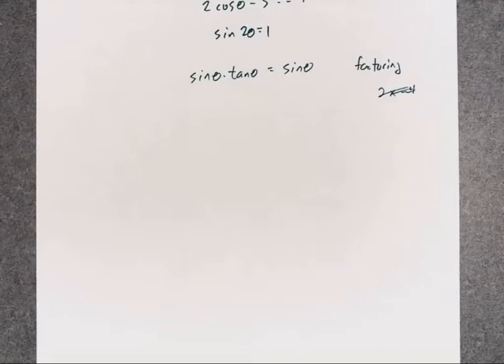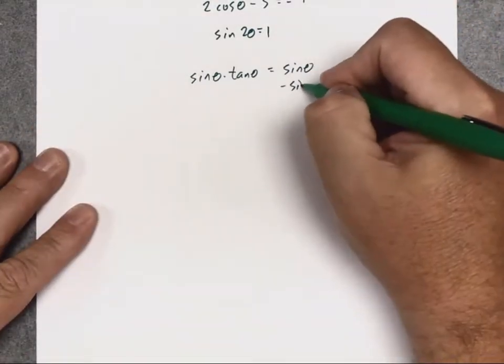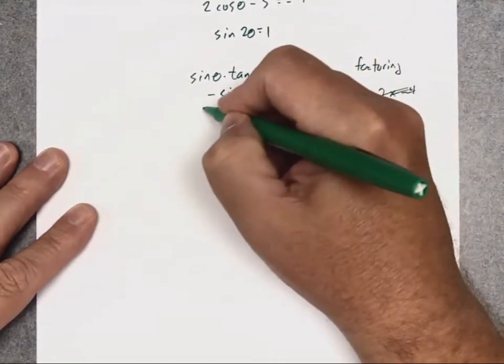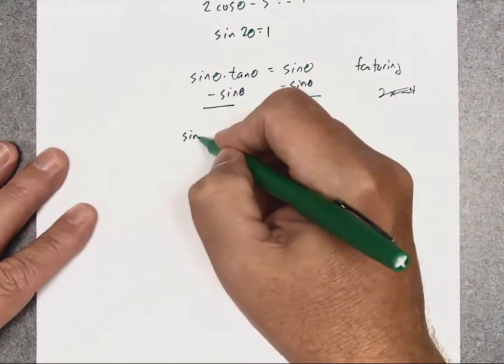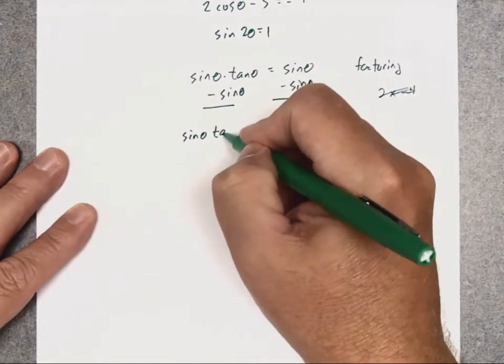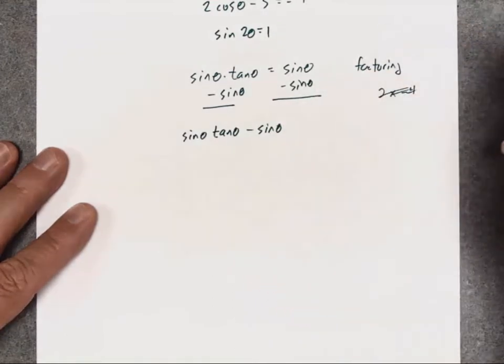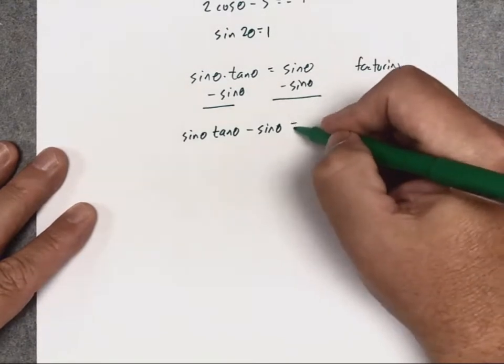The way to solve equations by factoring is you get one side equal to 0 and everything else on the other side. So here, I'm going to subtract sine theta from both sides. On the left-hand side, I have sine theta tan theta minus sine theta equals 0.